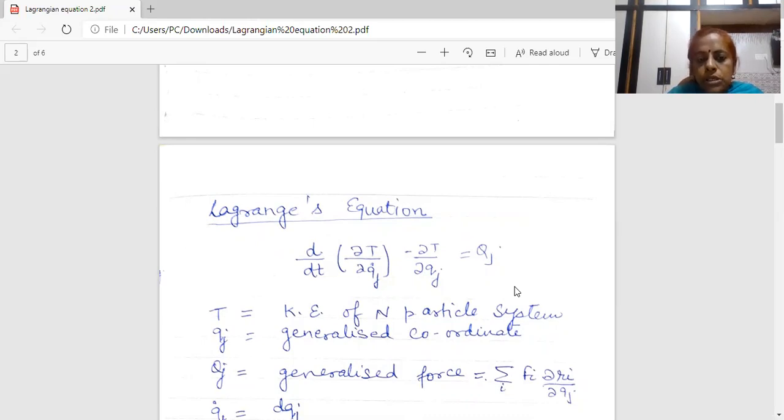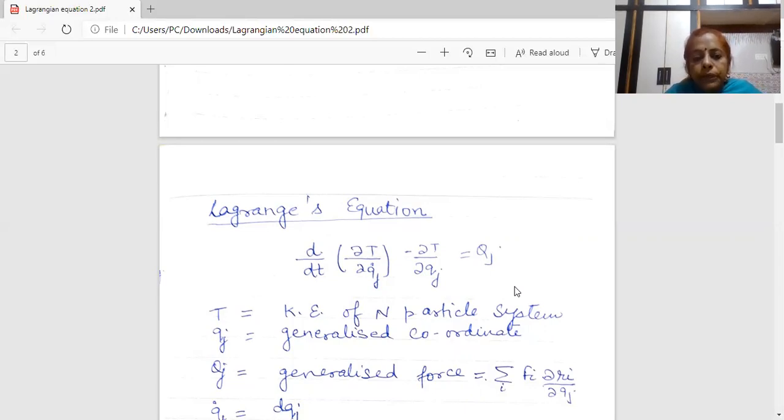But this introduces 2 types of difficulties, which we have resolved in our D'Alembert principle and Lagrangian equation. First difficulty was that constraints introduce equations so that coordinates are dependent on each other. To remove this difficulty, generalized coordinates were introduced. Another difficulty was that force of constraints were not given any importance.